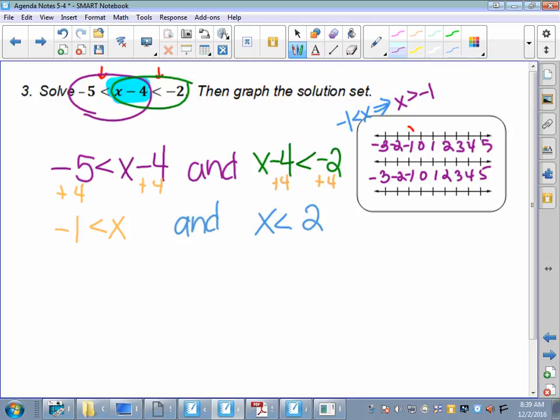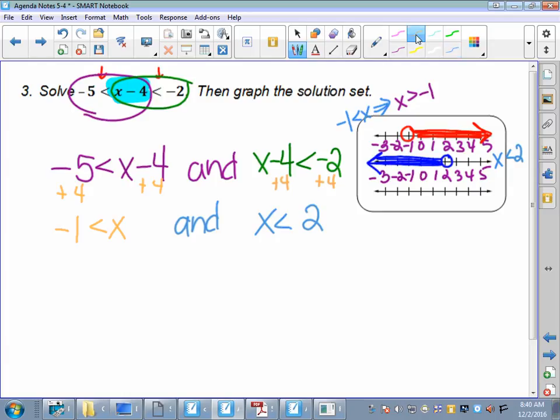So I've got an open circle at negative 1. It's greater than, so it's going to the right. For my second one, I've got x is less than 2. So that means I've got an open circle at 2. And if it's less than, it's got to be going to the left.